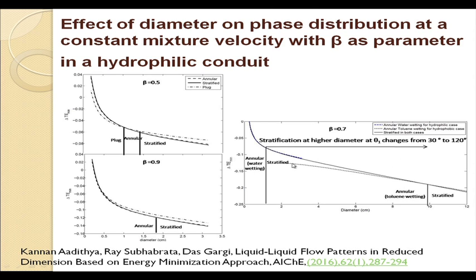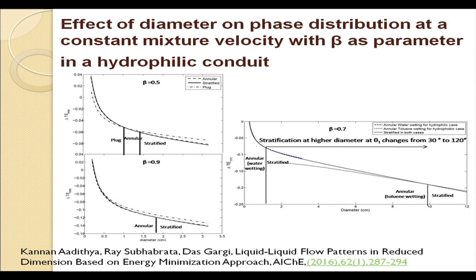And interestingly, since water has a very less tendency to wet the pipe wall, the onset of stratification is shifted to a much higher diameter. So, these were the interesting things that we could observe from this particular analysis.